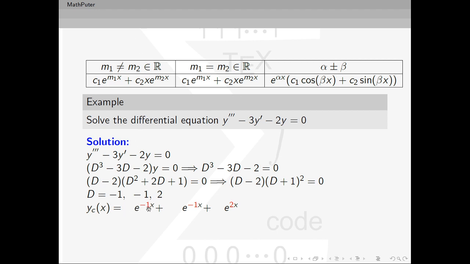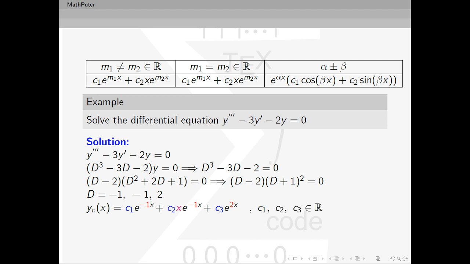So what I do, these two functions e raised to minus x and e raised to minus x, I multiply by x here. Then these two functions are different. Then just multiply by arbitrary constants c1, c2 and c3, and this will be the solution.